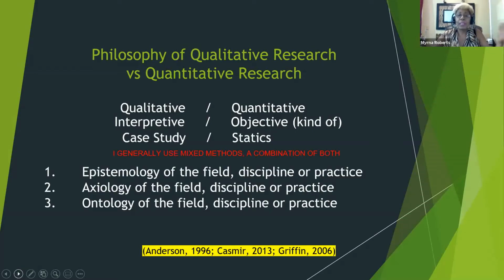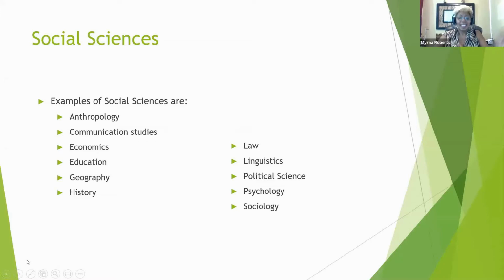So then we talked about epistemology of the field. We talked about axiology of a field, and we're talking about ontology. I didn't invent that. This is all very, very old. I think they should have taught it to us in kindergarten. So, anyways, here are some of the social sciences that use the same methods that I'm teaching you. So if you learn this, you're well on your way to some of the others.